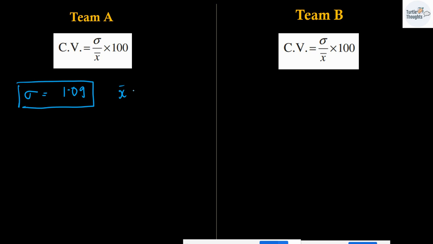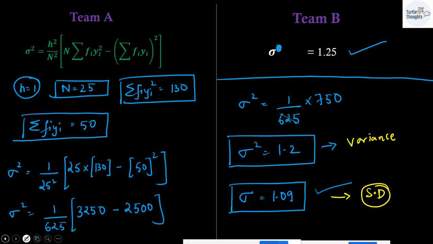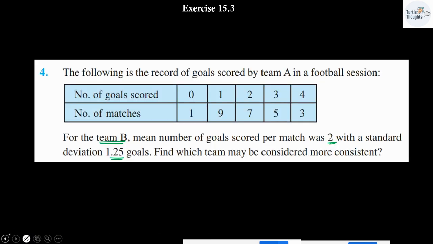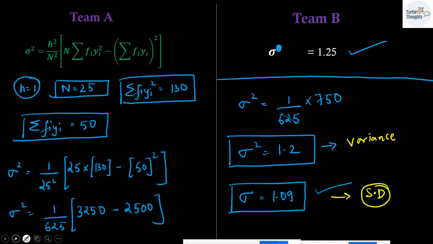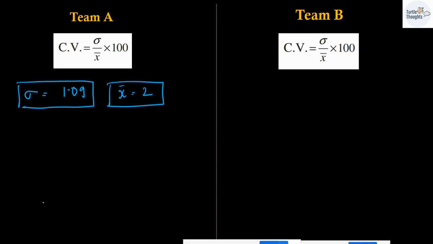And X bar I have got as 2 for team A. For team B, they have given it in the question itself. Let me go there. Yes, 2 is going to be the mean. The standard deviation is 1.25. So I will write over here, sigma is going to be 1.25, and X bar here is also equal to 2.